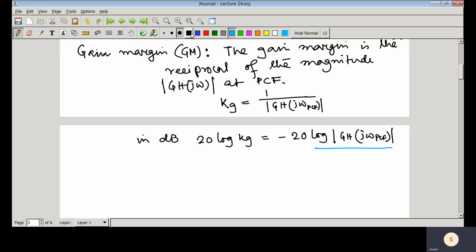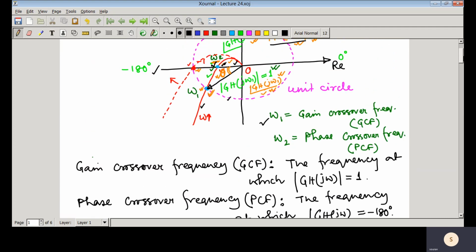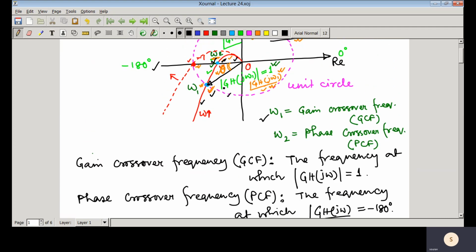So now let us see what is phase margin. Phase margin is abbreviated as PM. So here at omega equal to omega 1, that is actually that gain crossover frequency, whenever you calculate that gain, it would be equal to 1, and the amount of phase, so this is that phase, that theta.